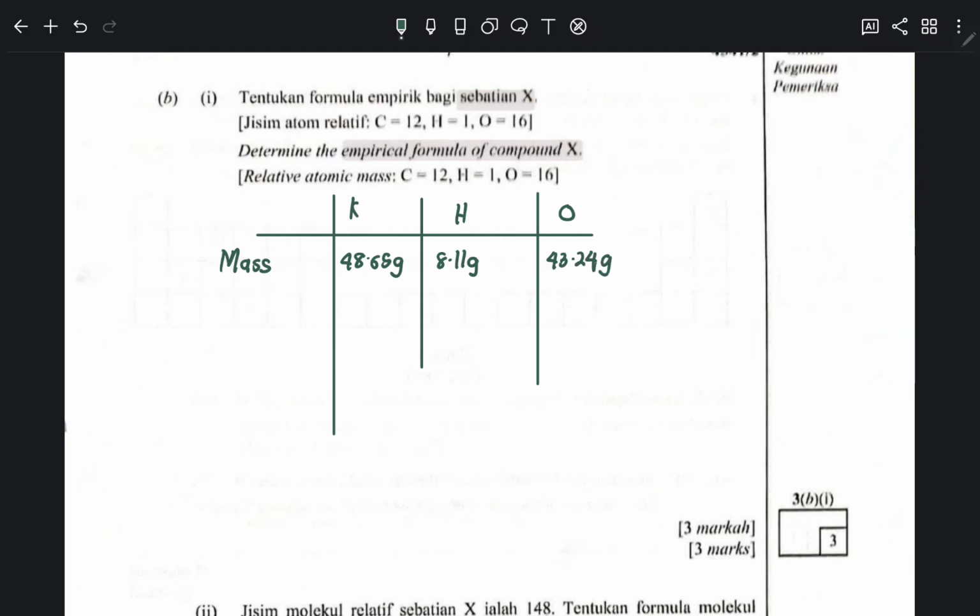Then next what you do, you find number of moles. So 48.65 gram, you divide with the molar mass. So carbon, right? 12 gram per mole.